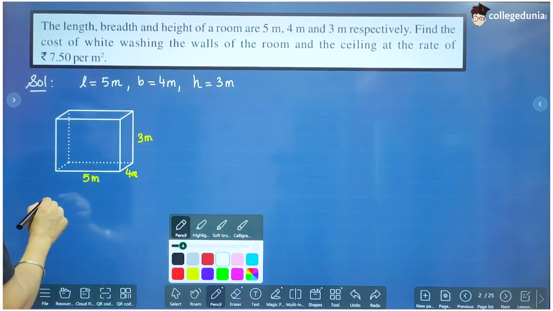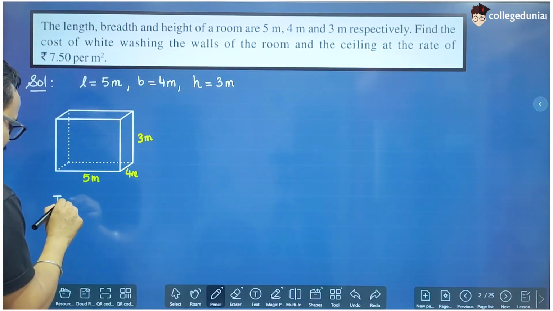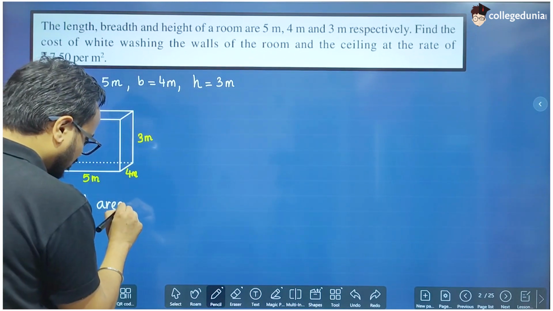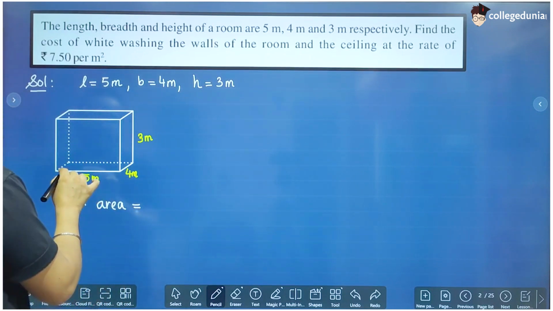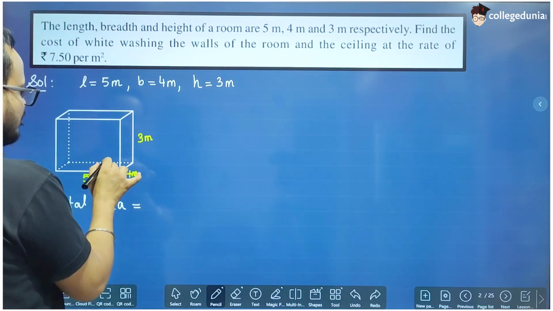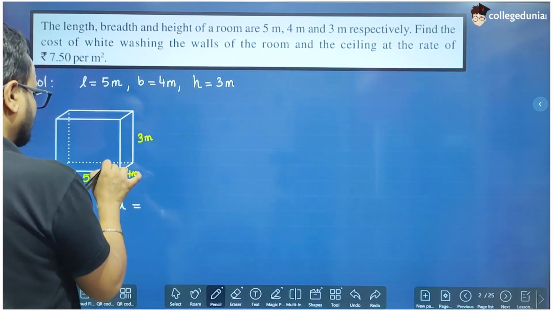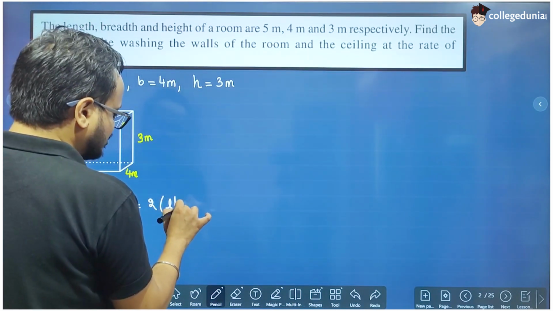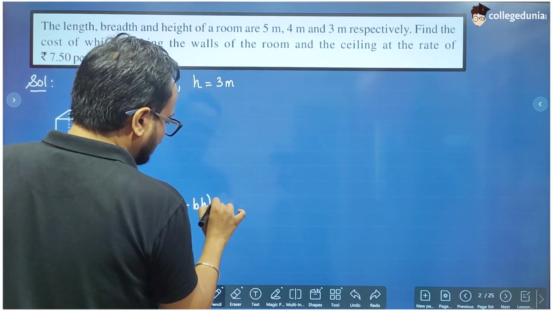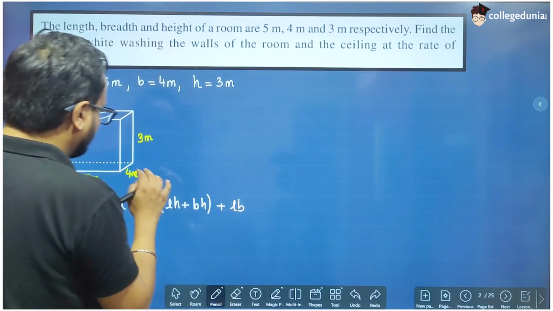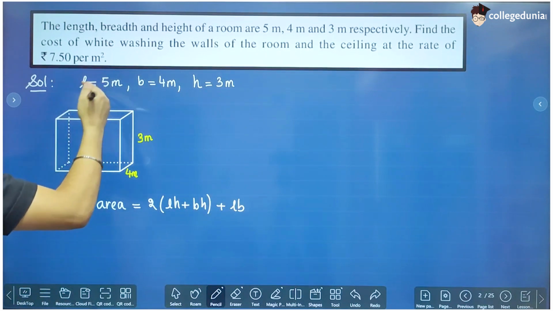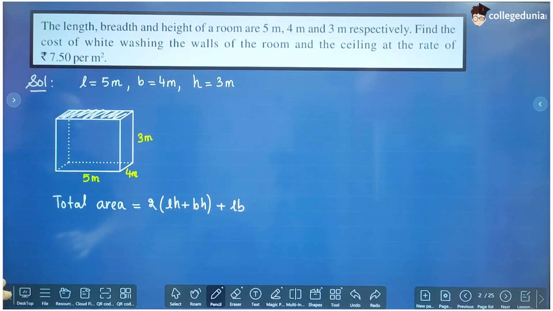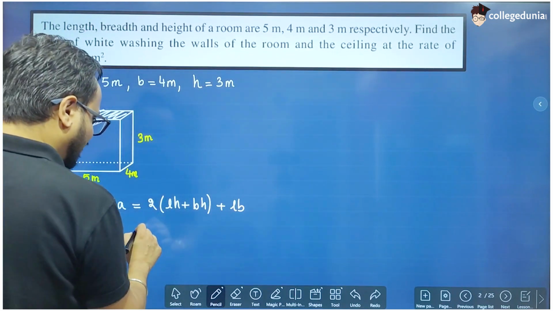Okay, so the total area that has to be whitewashed is, just leave the base because we don't have to whitewash the floor. So 2 times LH plus BH plus 1 time LB, right? 2 times LH plus BH but 1 time LB, because we are taking the area of only the ceiling and not the floor.